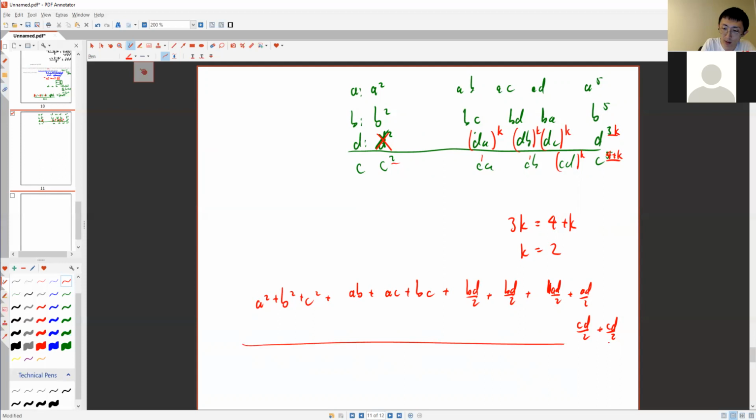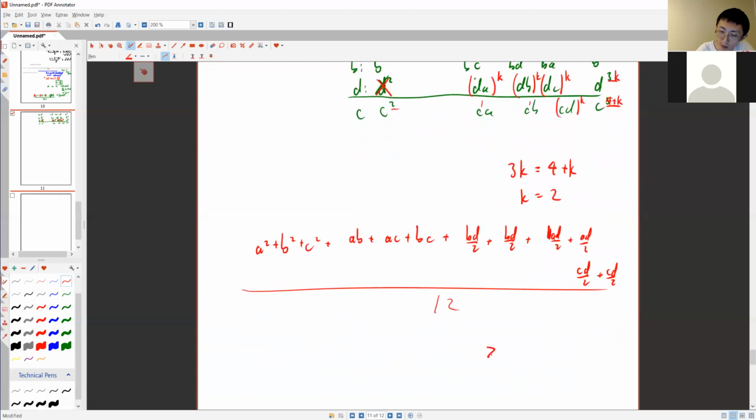So this divided by 12 is greater than or equal to, so let's double check, right? How many A's do we have? We have an A, and A, and A, right? So that's A to the 6th.